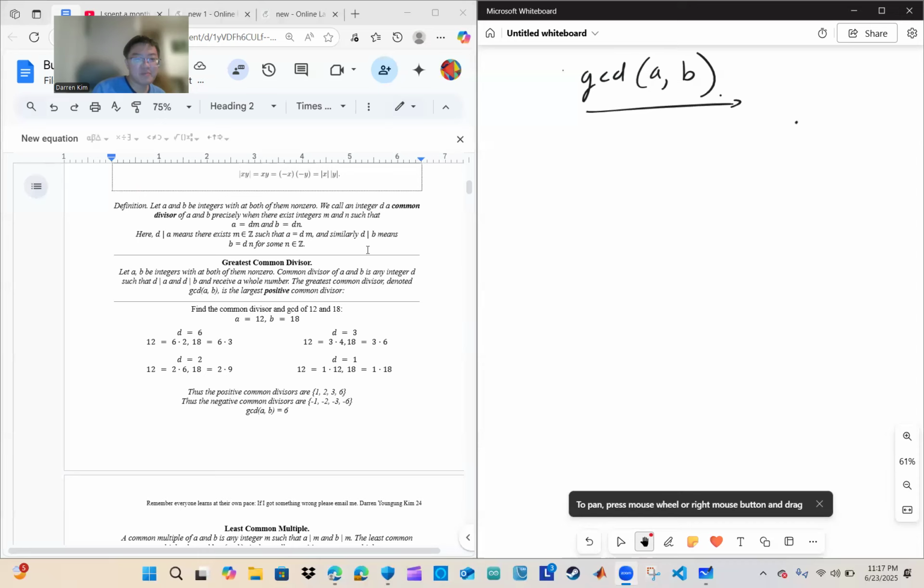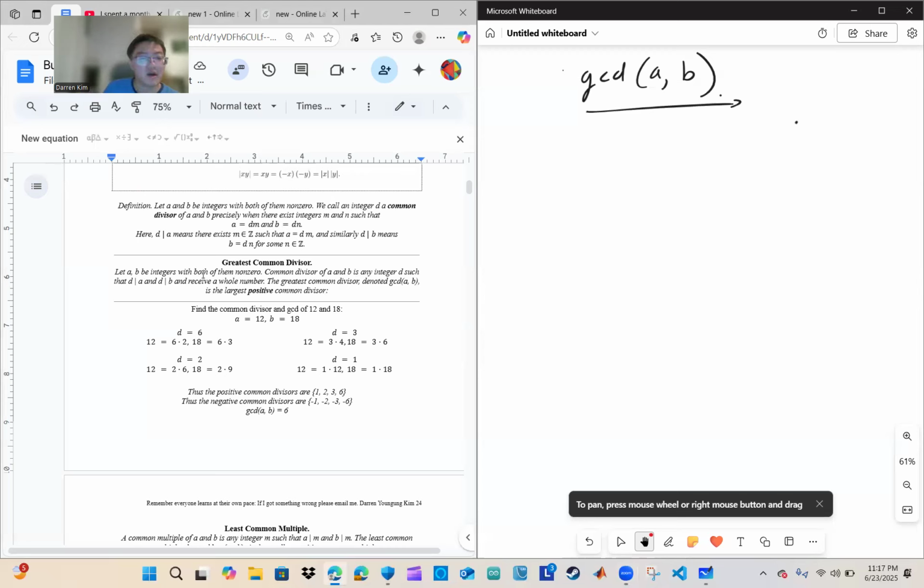Let A and B be integers with, my grammar is trash as usual, both of them non-zero. We call an integer D a common divisor of A and B precisely when there exist M and N such that A equals DM and B equals DN. I'll explain more. Honestly, the example makes it more clear than the words.